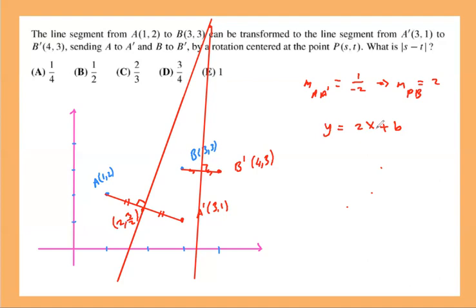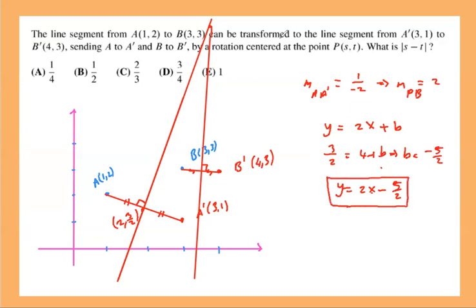If you plug in x is 2, we get 4, so 4 plus something should be 3/2. So b is 1.5 minus 4, which is negative 2.5, or -5/2. So the equation of this perpendicular bisector of A A prime is y = 2x - 5/2. Okay, so keep this in mind.